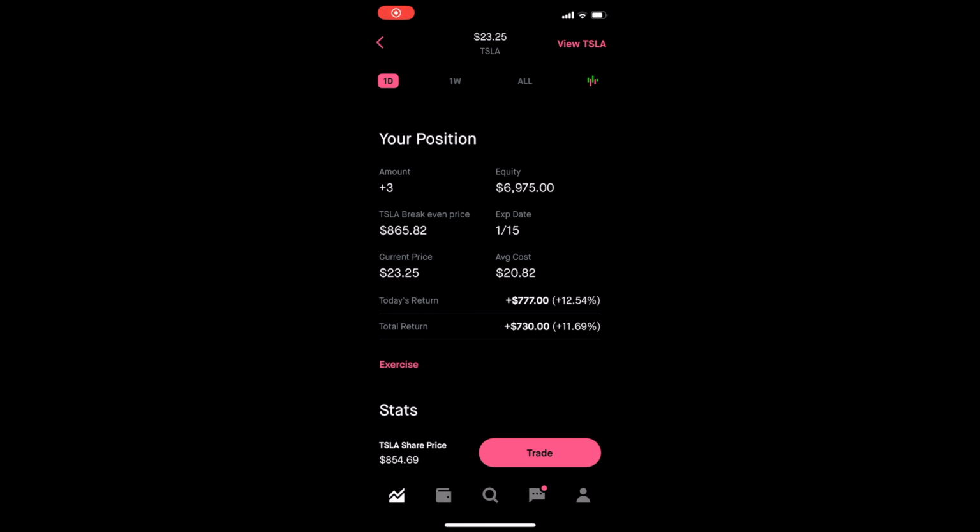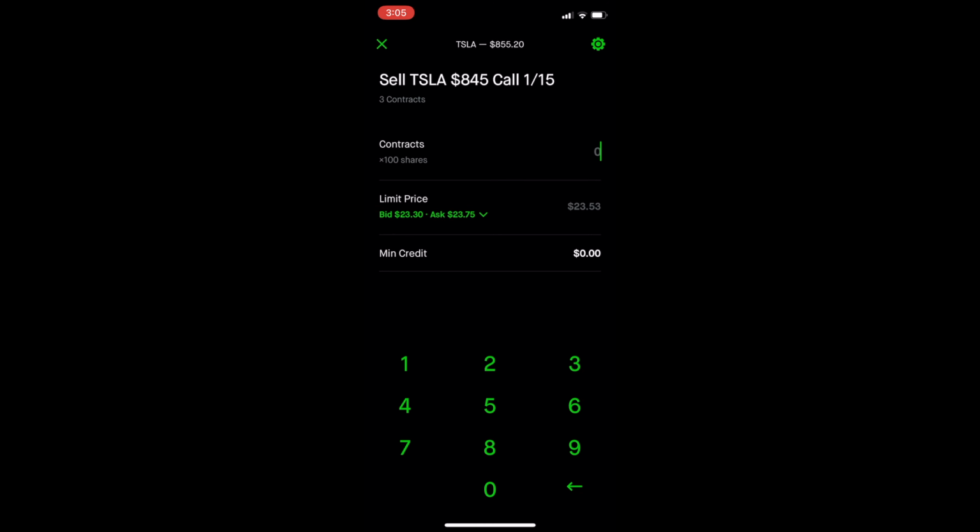So here you can see that I am doing a trade with Tesla, and I'm watching the price fluctuate between 600, 700 and 800. So the purpose of this video is to show you what happens when you try to get some more money and be greedy in the process.